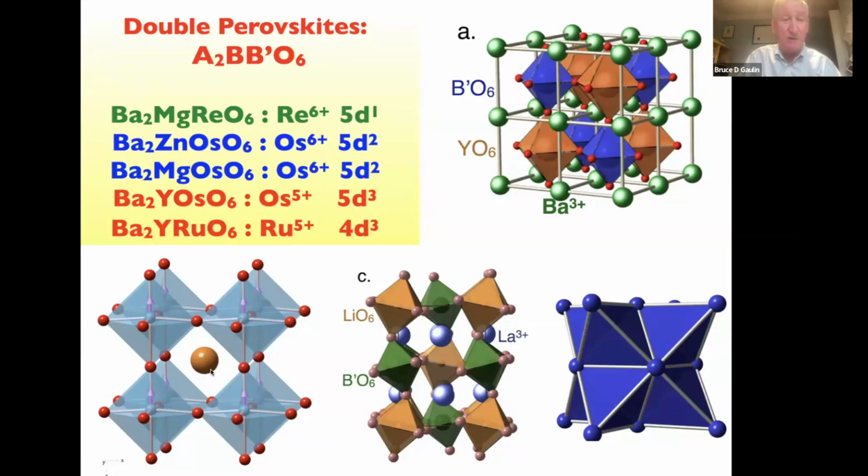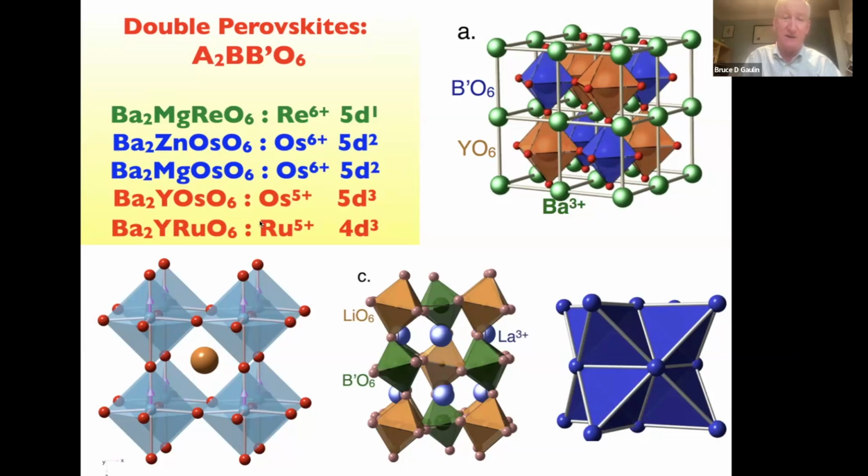They're basically a three-dimensional network of corner-sharing transition metal octahedra with a cation in the middle. Nature really likes this structure for oxides, and very similarly, nature also likes the double perovskite structure, which is shown in the top right.